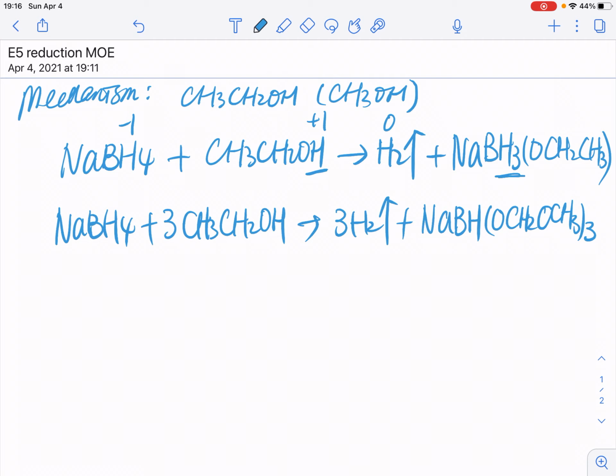It's called sodium triethoxy hydroborate. And this reagent is going to be acting as a reducing agent of this reaction.